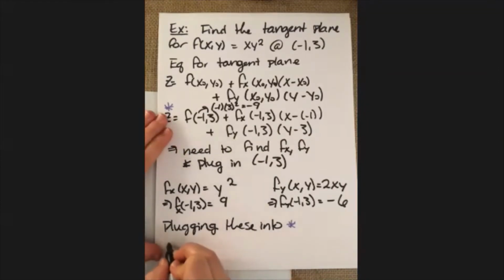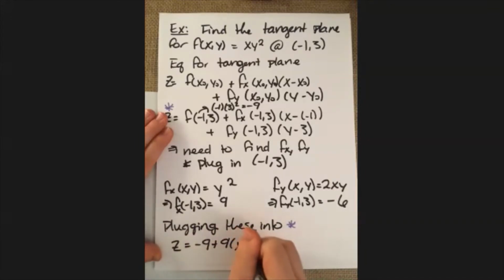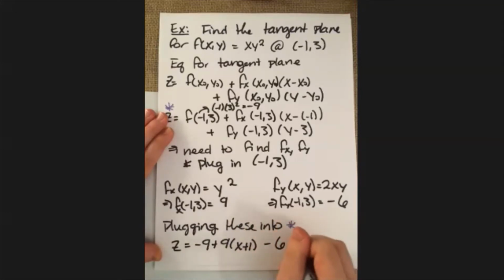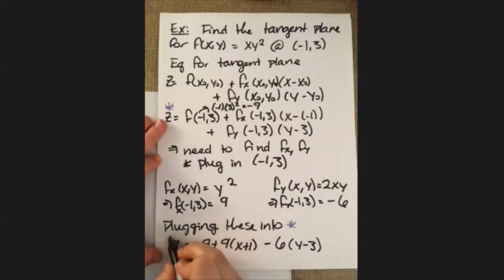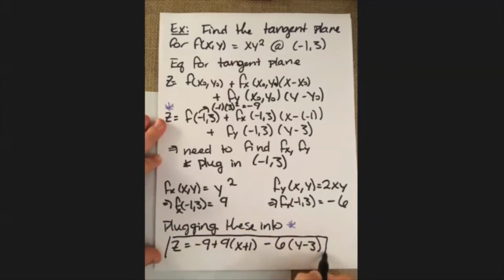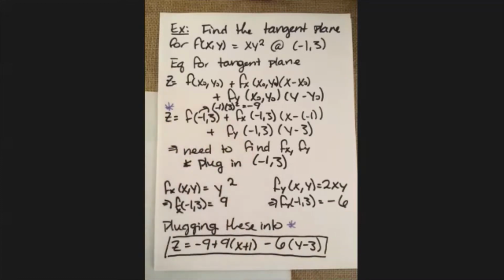We are going to get z is equal to -9 plus 9 times x plus 1, and then -6 times y minus 3. Okay, so this here is the equation for the tangent plane for the function given at the point -1, 3.